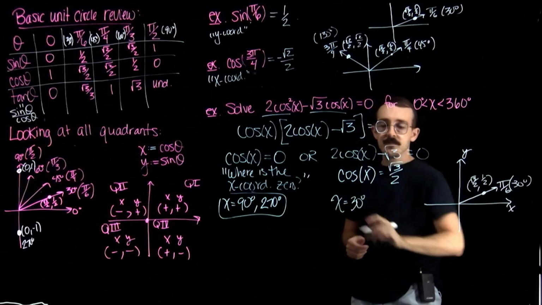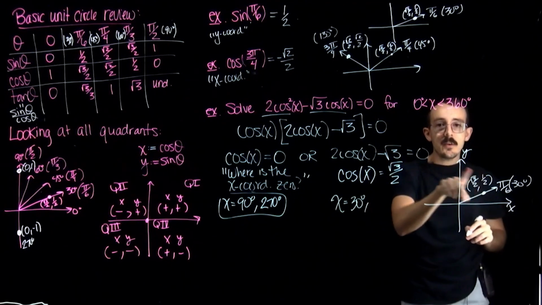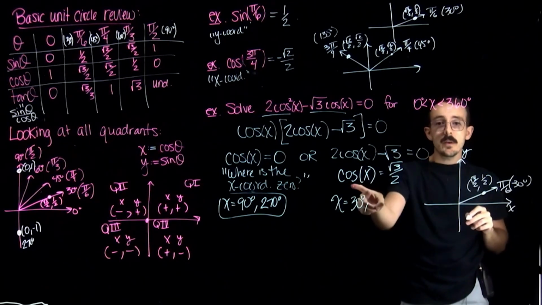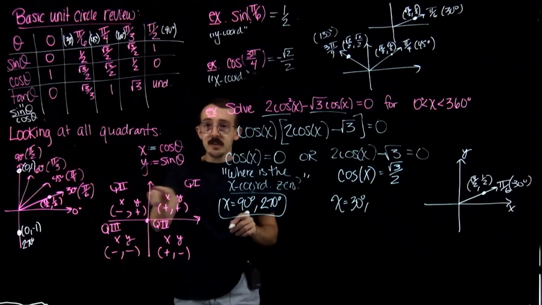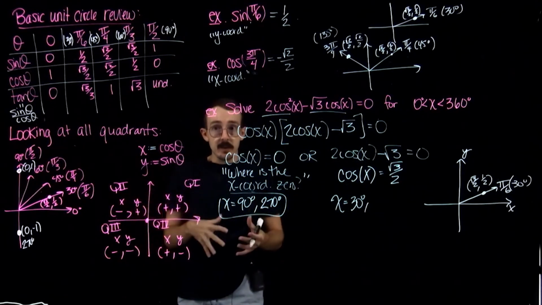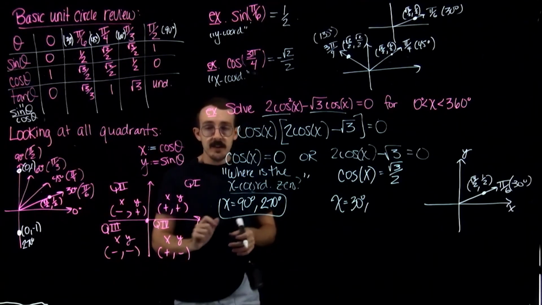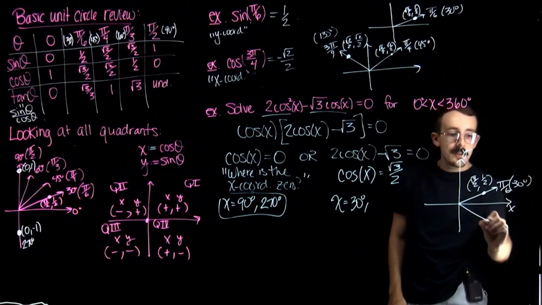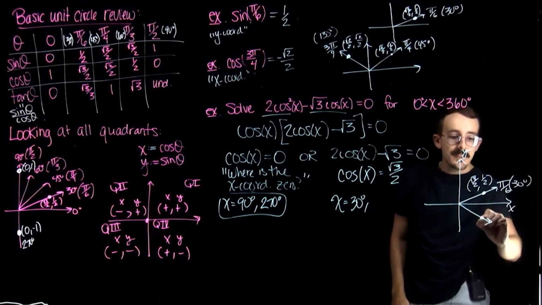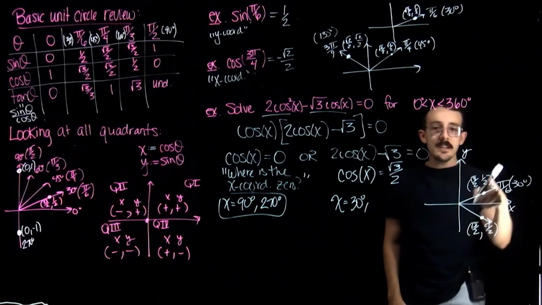So this is 30 degrees. This is positive root 3 over 2. So I need the other quadrant where the x-coordinate stays positive. That goes back to this right here. Which other quadrant has the x-coordinate positive? It's this one. So I need to make sure that my other angle is in this quadrant. I'm going to take the mirror image, just like this. So this is the point, root 3 over 2, because we went to the right. And now we've gone down to -1/2.